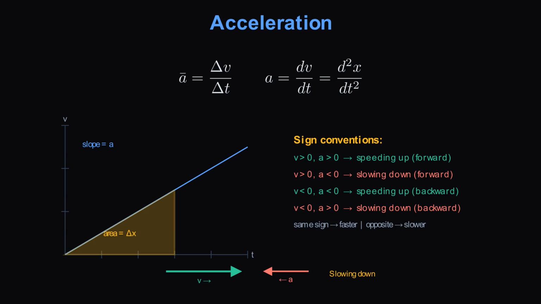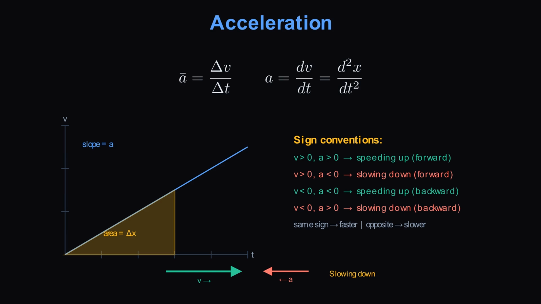Second, it is possible to accelerate without changing your speed. If you change direction, your velocity vector changes, even if the magnitude stays the same. A car moving around a circular track at constant speed is constantly accelerating because its velocity direction is continuously changing.